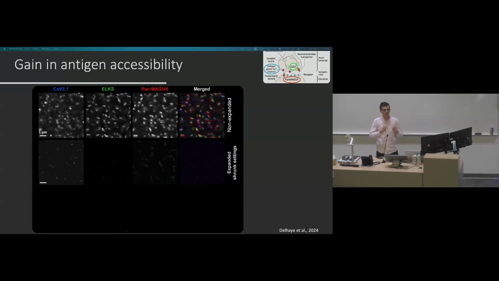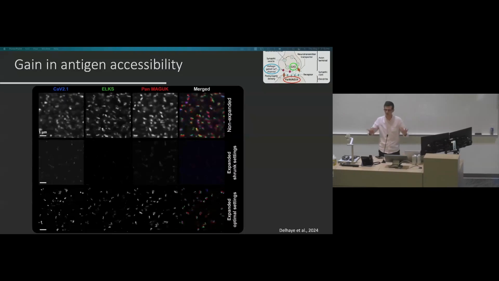So it requires a higher laser intensity and a higher gain to be able to pinpoint this individual signal, individual cluster. But once it's optimized, we can also see individual clusters, but we get a bit more detail into the distribution of these synaptic clusters.